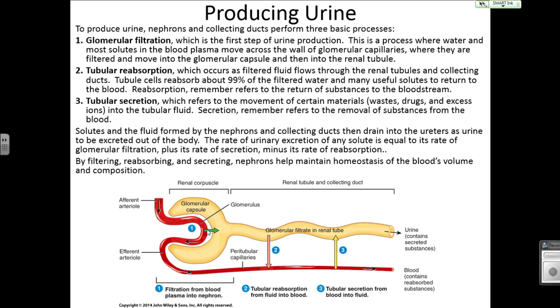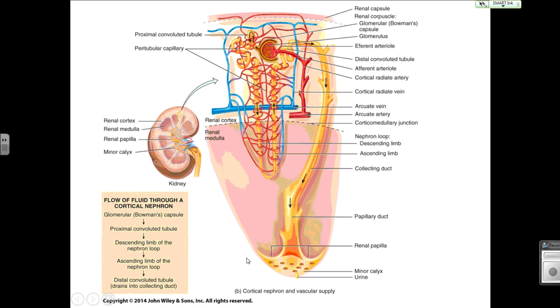The first step is where, in the green arrow, we're showing it really nicely. We're bringing blood into the capsule and then sucking it dry. Not necessarily completely dry, but we're pulling out a lot of its water. Now, what's left in the blood will exit as the efferent arteriole and will then branch into those crazy capillaries called peritubular capillaries.